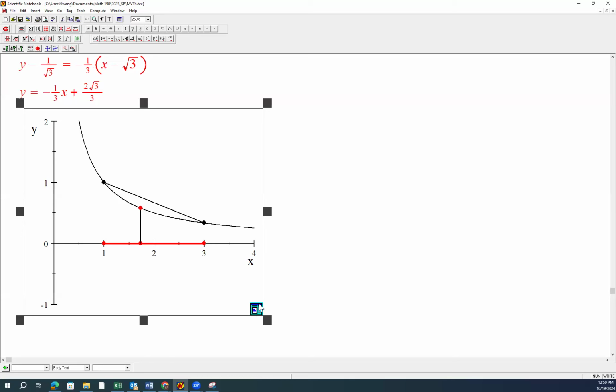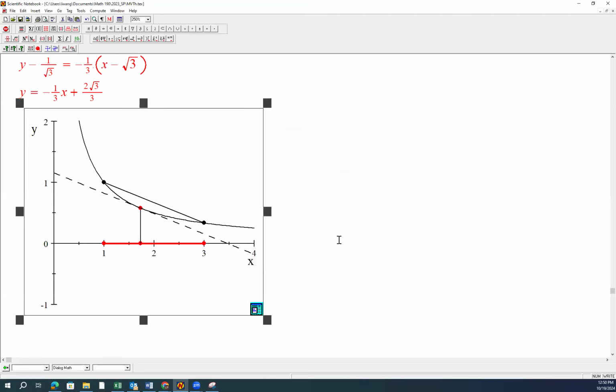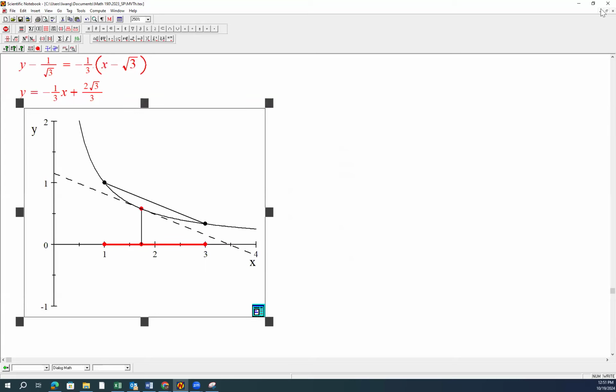I'm going to plot it in the picture and make a broken line. There we go. Okay, so this is what we are talking about. This is the illustration of the mean value theorem. I'm going to make some more illustration in this picture with the help of the available tools here, right?